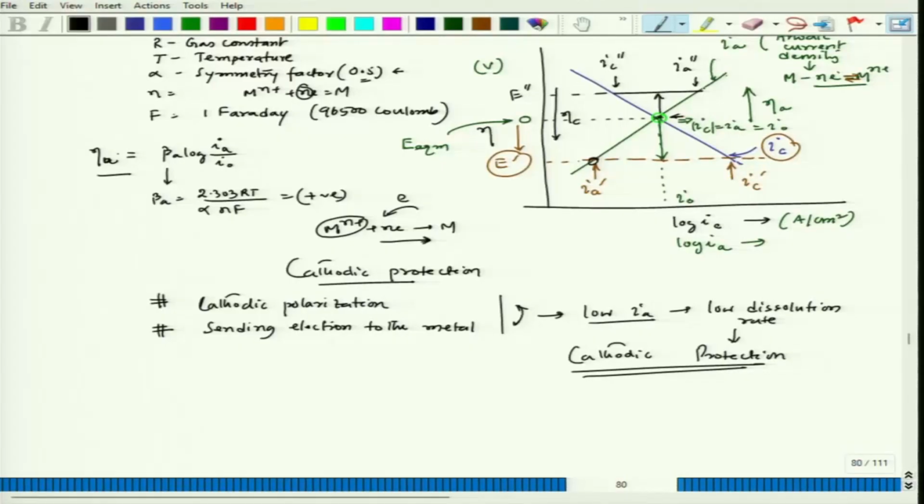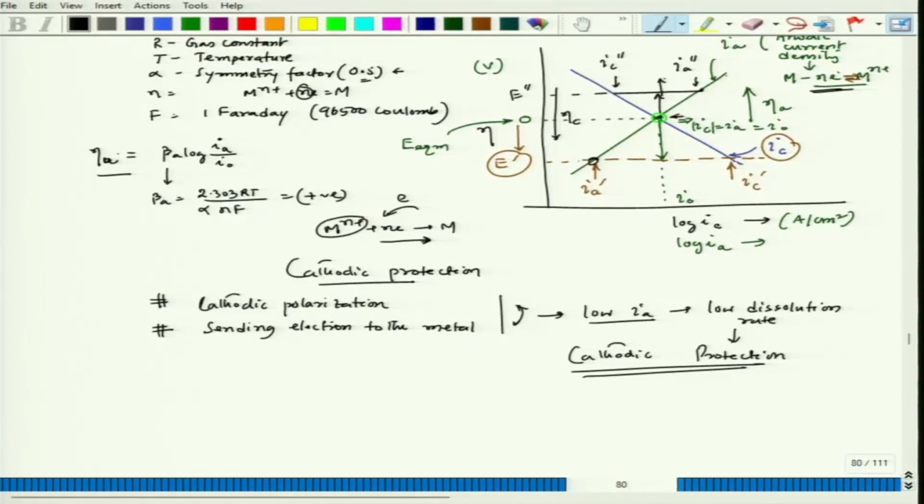Whatever metal is dissolving, those ions are coming back and depositing on the metal surface. But here, if we go up, Ia is increasing, which means that reaction increases, and of course my dissolution rate increases. I cannot remain at the equilibrium position; I am away from equilibrium, and this is anodic polarization. It does not lead to any benefit, rather it increases the corrosion rate.